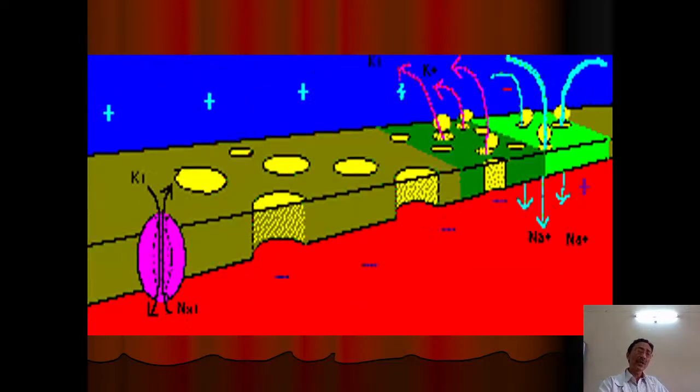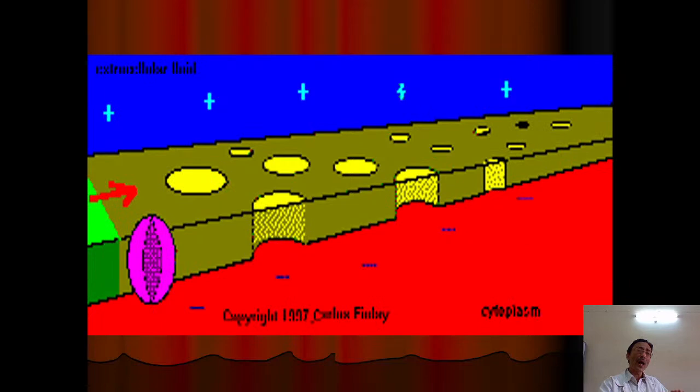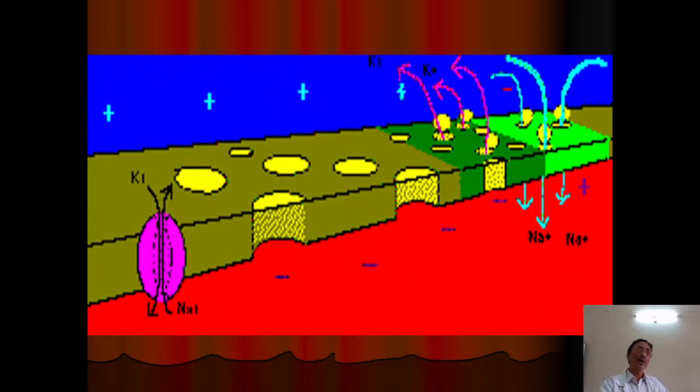At this potential of minus 70 millivolts, there is no net active movement of ions taking place, and the concentration of the sodium ions and the potassium ions is maintained clearly.